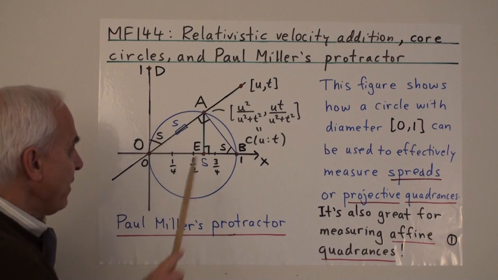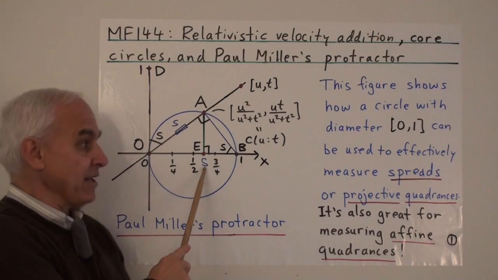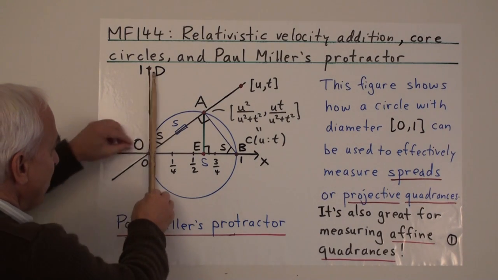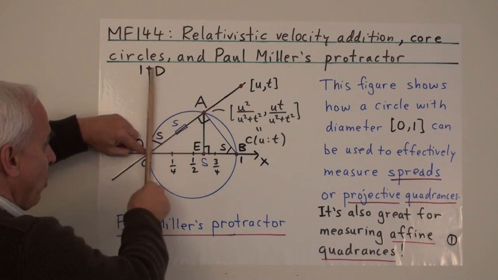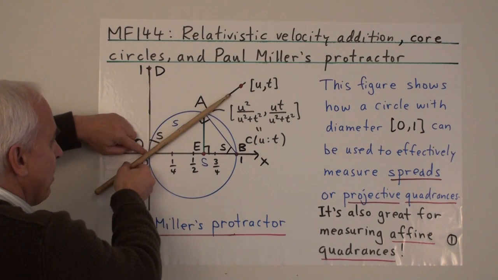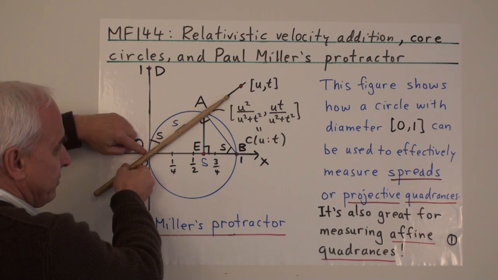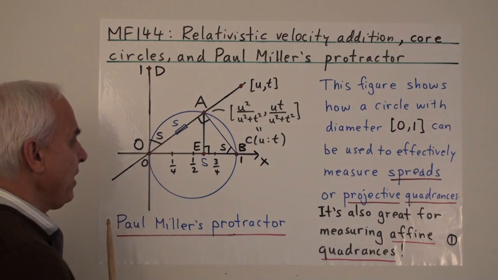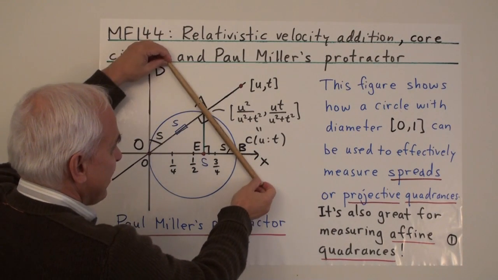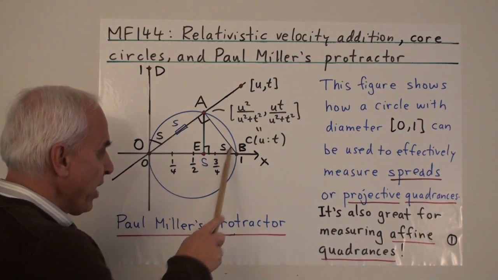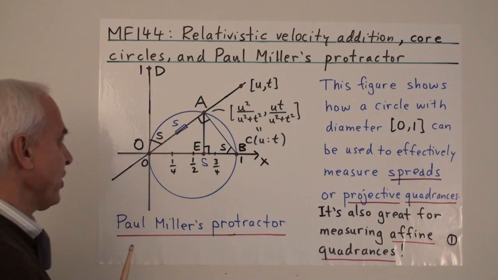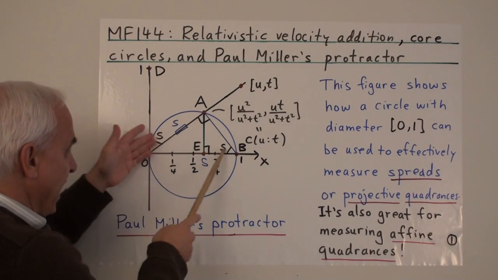And the reason is that this number, this x-coordinate, let's call it s momentarily, turns out to be also the spread between this line and this line, or in our earlier context, the projective quadrance between this one point and this one point. It also turns out to be the spread or projective quadrance between this line and this line. So this spread here, in the context of two-dimensional rational trigonometry, or this spread here, they're the same.